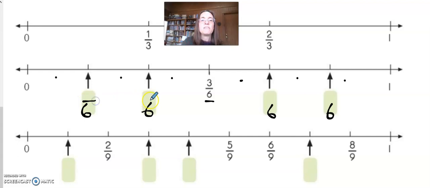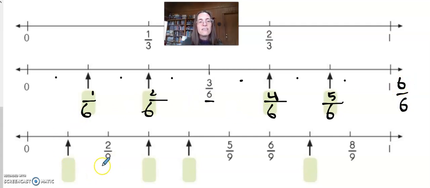So now we're dealing with 6ths, and this would be from 0 to 1, 1/6, 2/6. This would be 3/6. We've got 4/6 and 5/6. Now, then we get to 1 whole, although I'm going to take this opportunity to remind you that 1 can also be written 6 out of 6.